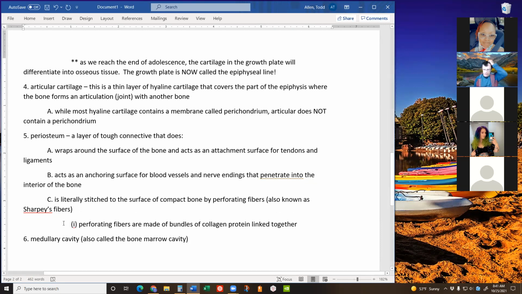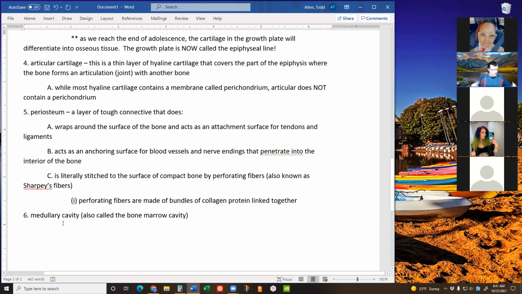As you look at the anatomy of the long bone in figure 6.1, notice that the medullary cavity is in the diaphysis, and it's in that space of a long bone that you're going to find predominantly yellow bone marrow. Okay, so yellow bone marrow is going to be found predominantly in the diaphysis of your long bones.